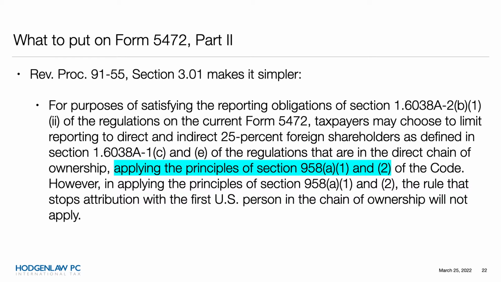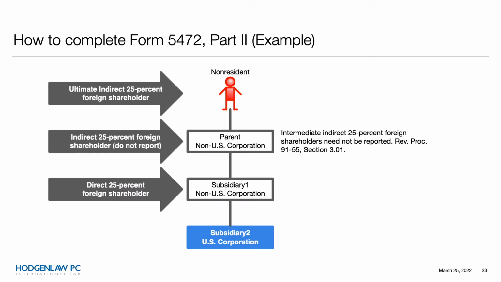And these are pretty simple to apply because you just draw an org chart of your structure with the reporting company at the bottom. So here I've got an example. And then you just do your pro rata allocation of ownership all the way down the org chart until you figure out what your entity or human at the top actually owns.